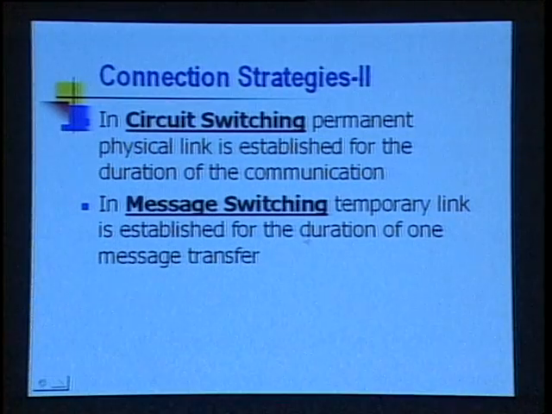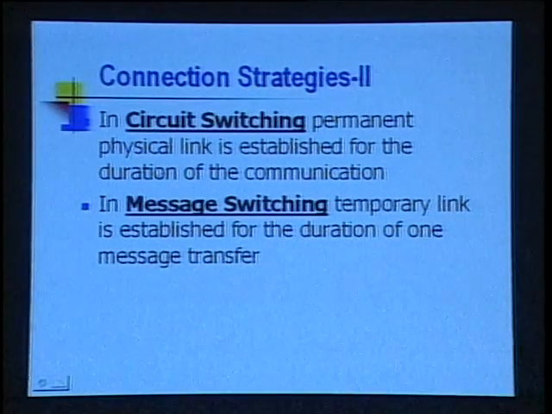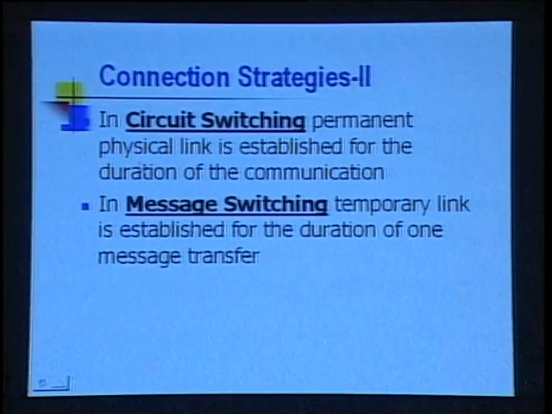For the next message, we may have a different route. Yet for another message, we may have another route, right? Whereas in circuit switching, the permanent physical link is established as long as the communication continues.